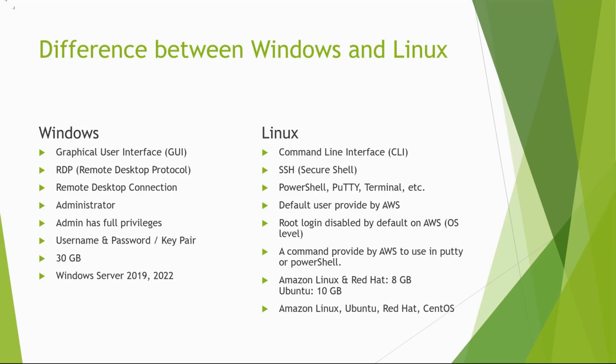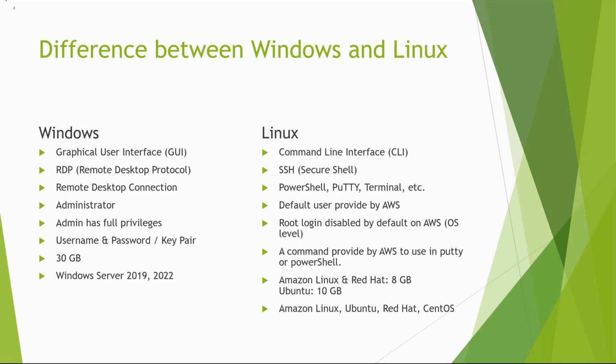But we can log in with root also, we'll see. Here we log in with a key pair instead of a username and password. In Linux, AWS provides a command to use in your PowerShell, so we'll see.